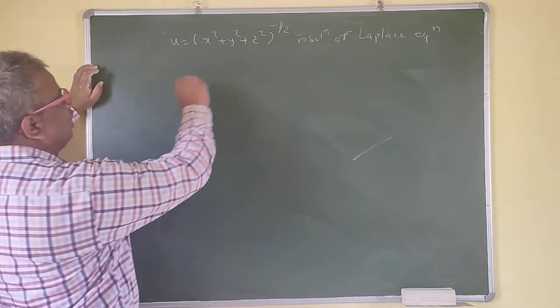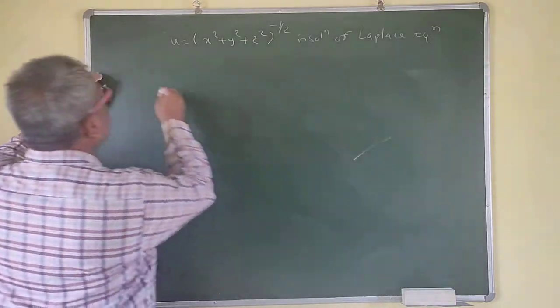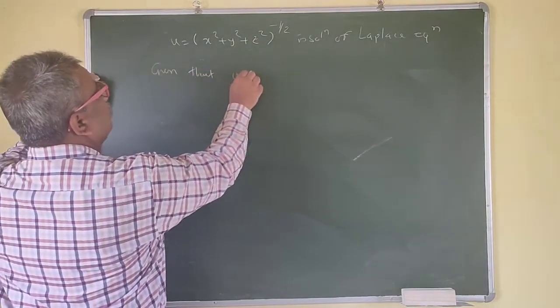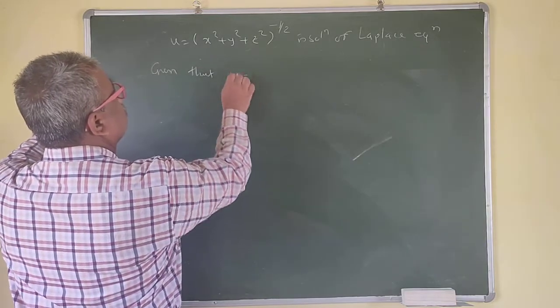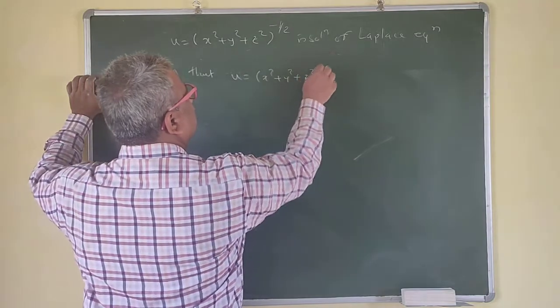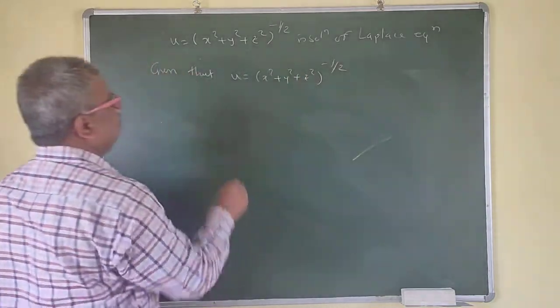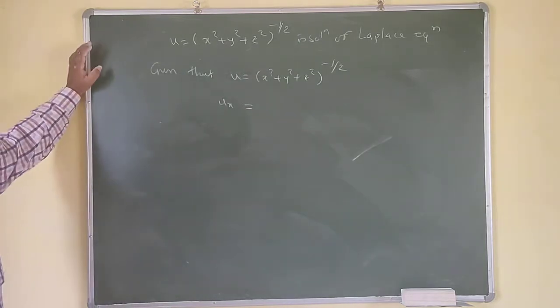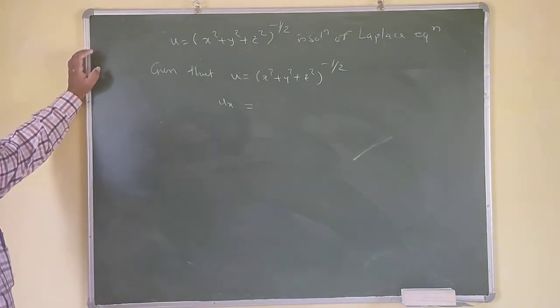So solution, given that u is equal to x square plus y square plus z square to the power minus half. We will double differentiate with respect to x. First we differentiate with respect to x, then again with respect to x.